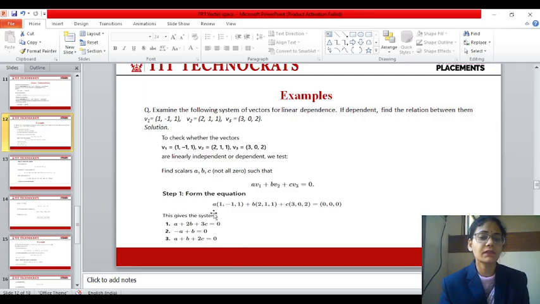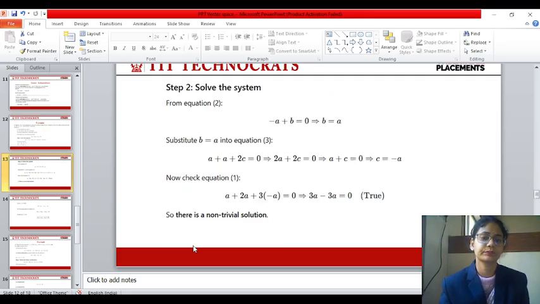And the third equation will be a plus b plus 2c equals 0. So here we get the system of equations. Now we will solve this system to get the values of a, b, c. If any of the values is non-zero, this set of vectors will be linearly dependent. Otherwise, if all of the values of a, b, c are 0, it will be linearly independent.